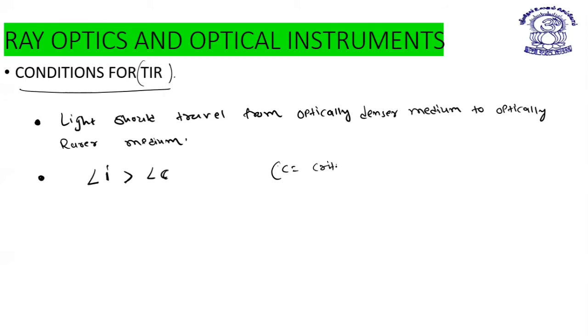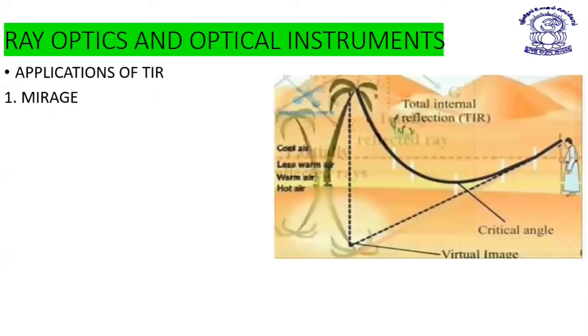C is critical angle. So these are the conditions for total internal reflection.